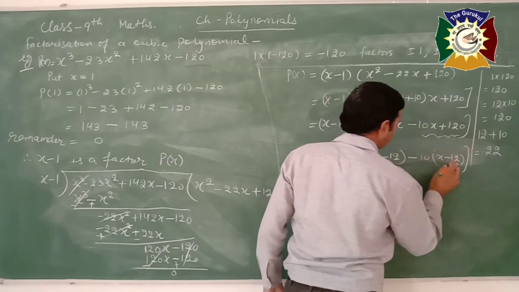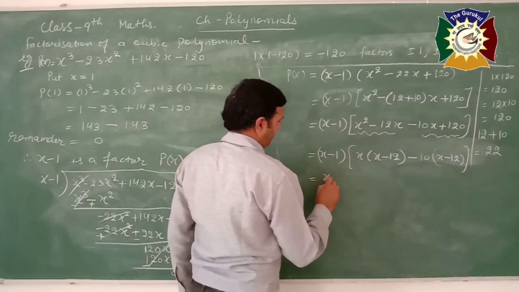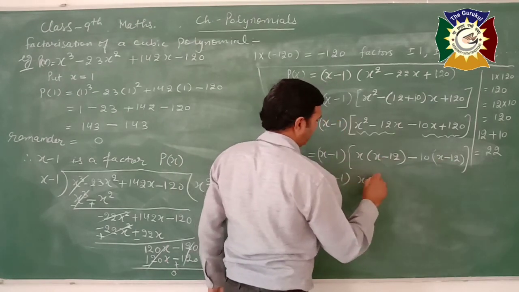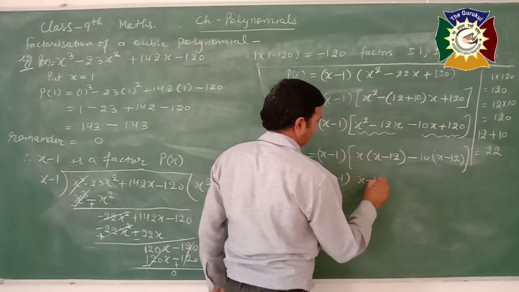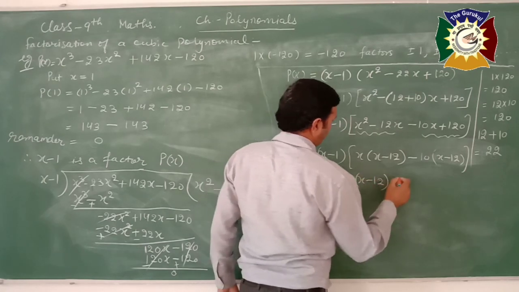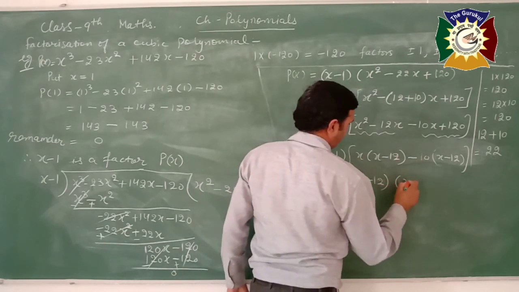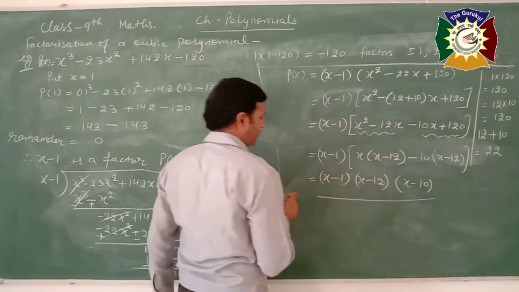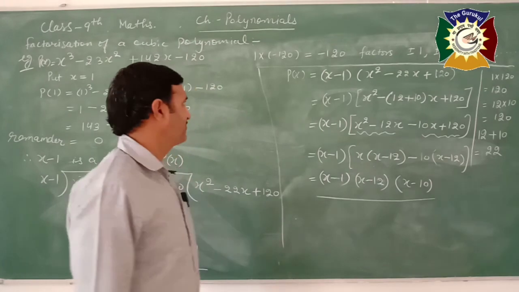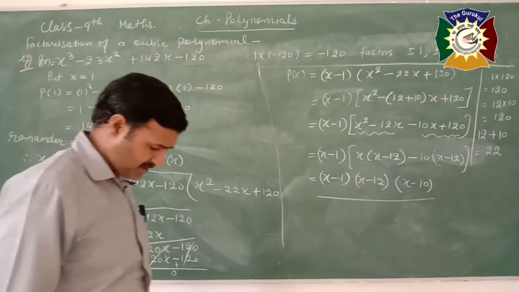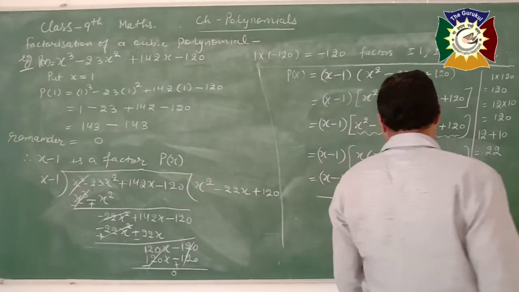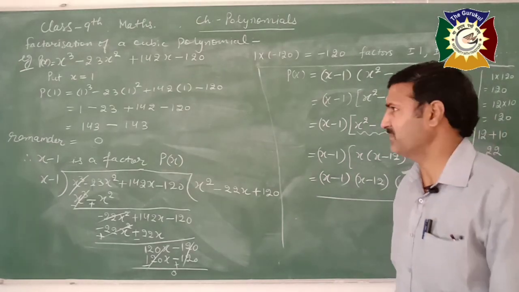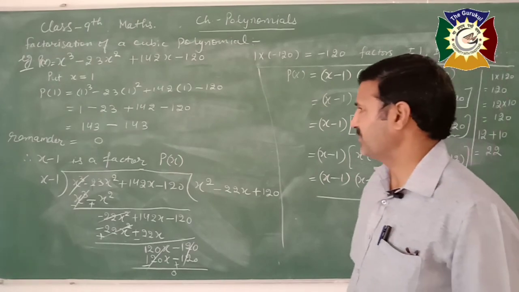Both the factors are same. Take common this x minus 12 from both the terms. x minus 10 is left. So we got these 3 factors because the polynomial was of degree 3, and we got the 3 linear factors for this polynomial. Like this we can factorize a cubic polynomial by using the factor theorem.